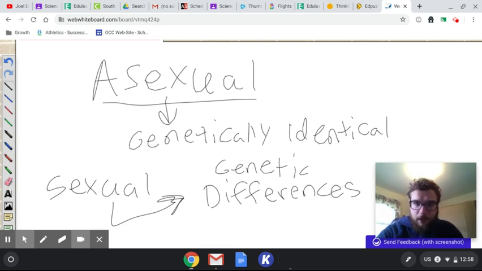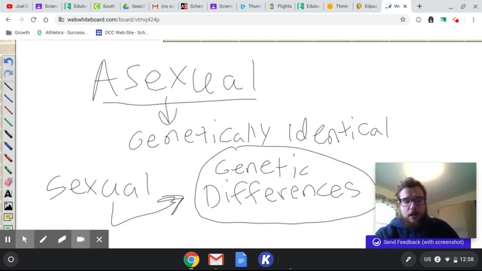But now we talked about in more detail the genetic differences. You can have traits pop up in sexual reproduction that weren't there before. Okay. And that's so important when the world starts to change. And we know the world's changed. Remember back in our last unit, we talked about how most of the world was covered in ice for an extended period of time.